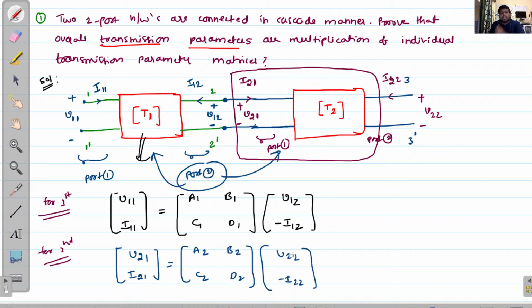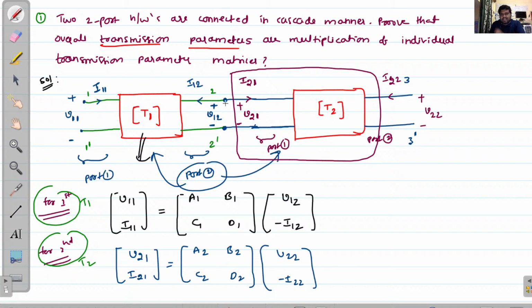These are the transmission parameters for the second two-port network in an individual way, not combined. So we are taking individual transmission parameters for T1 as well as T2. This is for T1, and this is for T2. Clear? Now, if you observe this combination, port 2 is common for T1 as well as T2.